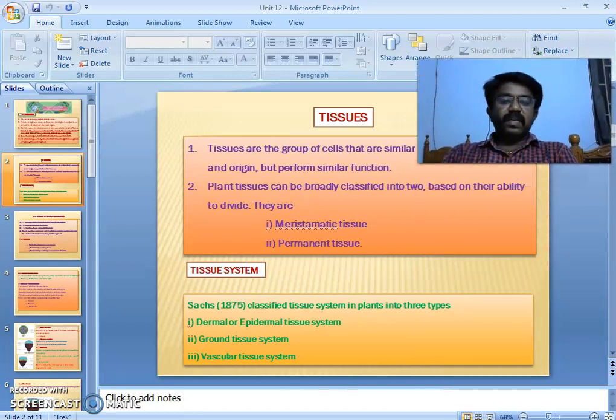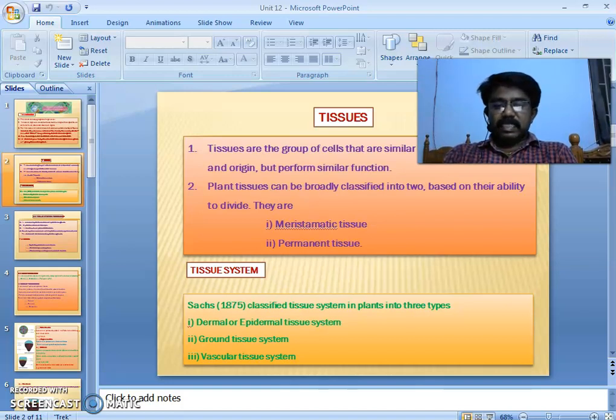Now we are discussing the tissue system, right? The scientist Sachs, in 1875, classified the tissue system in plants into three types.